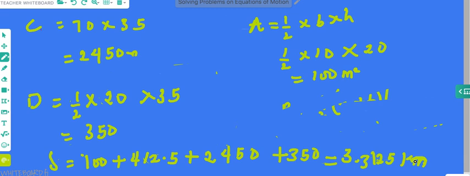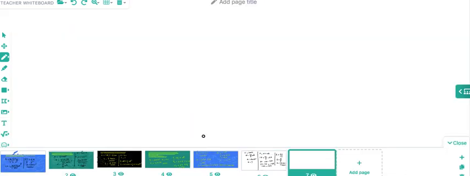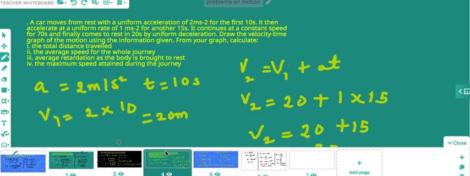So what they asked us to find again is to calculate the average speed of the whole journey.